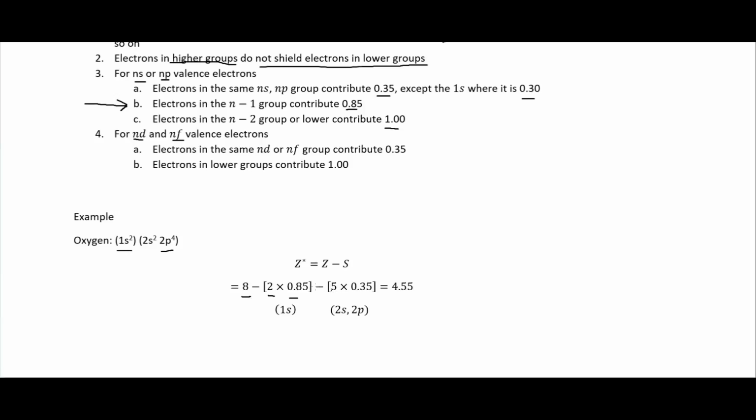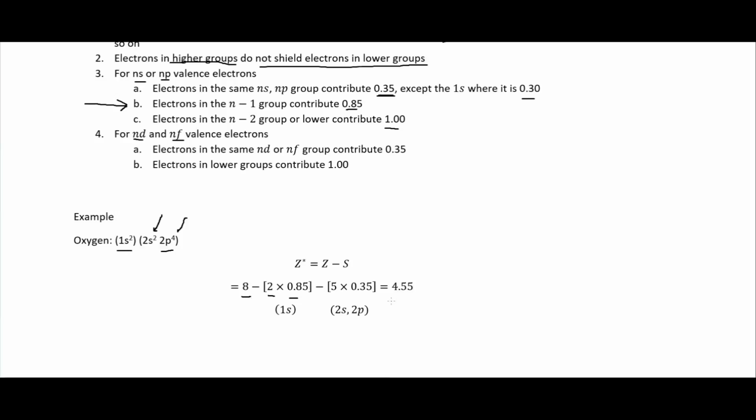Then this 5 here is because 4 plus 2 is 6, but we're looking at one of the electrons in this group, so we only have to consider 5 other electrons in that group. That is the 0.35, which comes from 3a, right here.